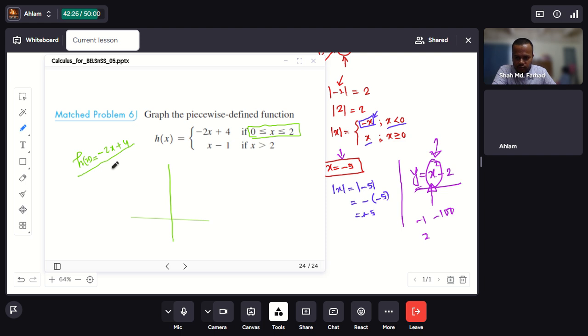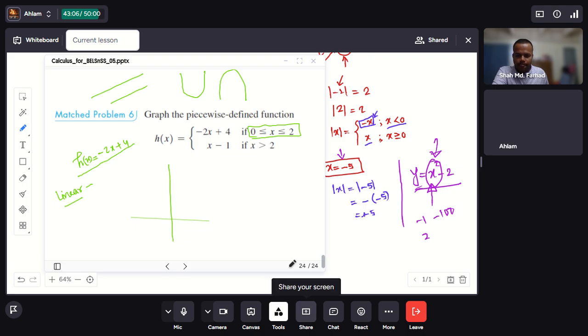Power of x is 1. If the power of x is 2, then we call it a quadratic function, whose graph is parabolic, that is U shape. But the graph of a linear function is a straight line, till 2, right?